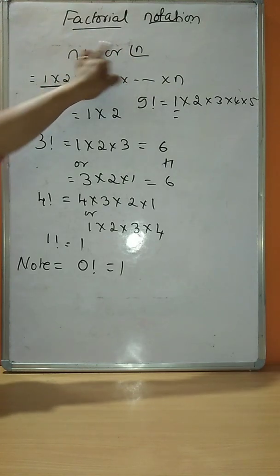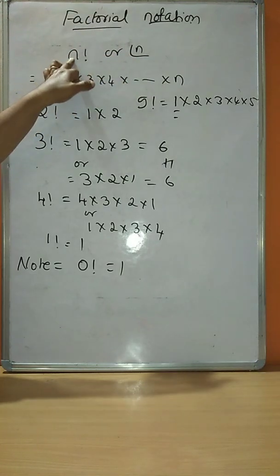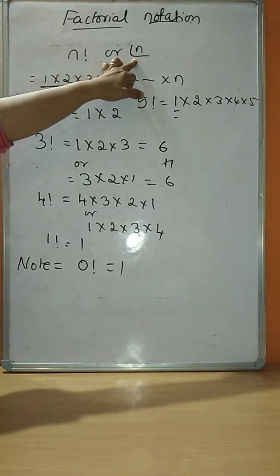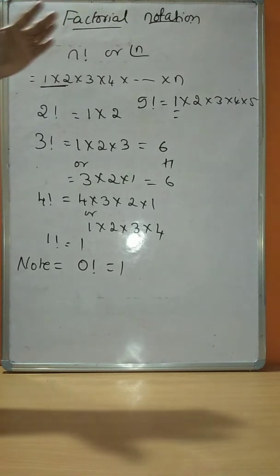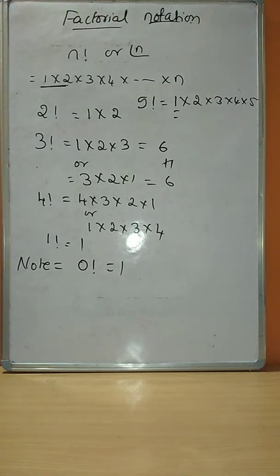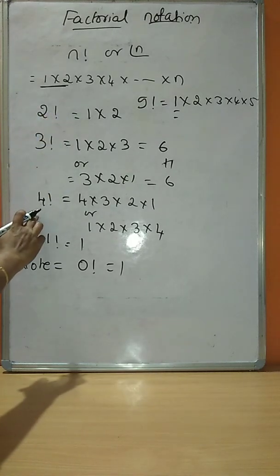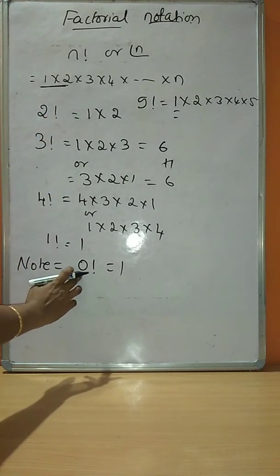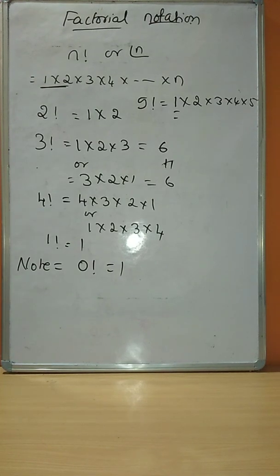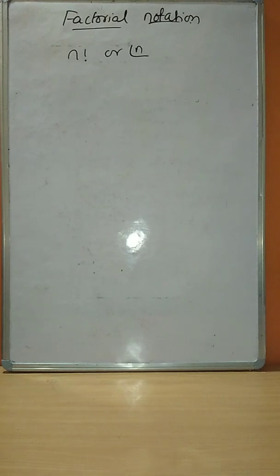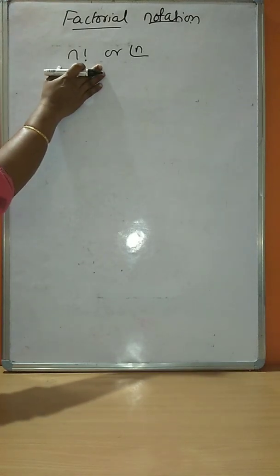Both are the same. This is factorial n, this is n factorial. How to read? N factorial. This one is 2 factorial, 4 factorial. The value of 0 factorial is 1. The value of 0 factorial is what? 1. So we know the meaning of factorial.